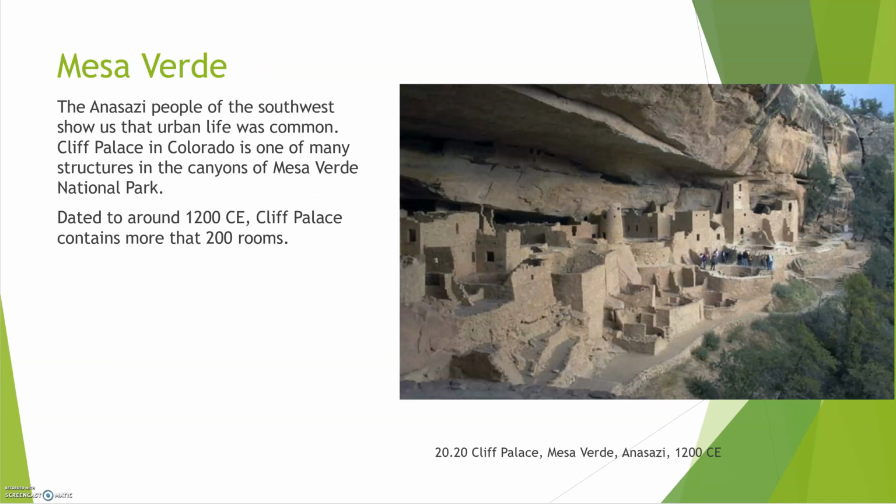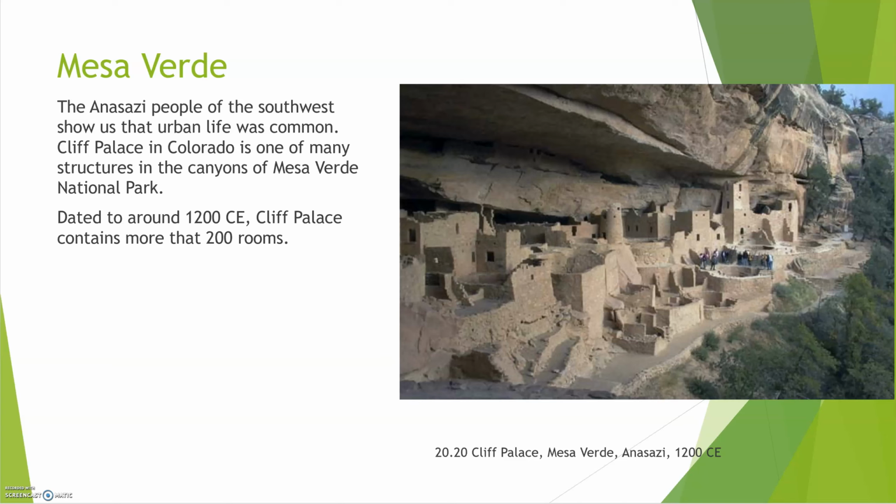Some of the oldest parts of the United States are actually in the West, not in the East. For example, Mesa Verde, which if you ever get the chance to go to that national park, you'll see some of the largest cliff dwellings in the world, but in the United States for sure. This is part of a group of people, the Anasazi, which is kind of a derogatory term.